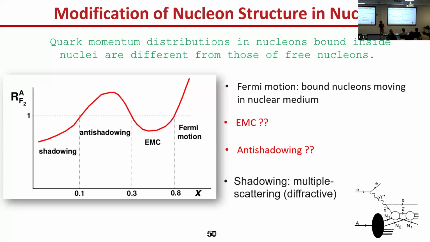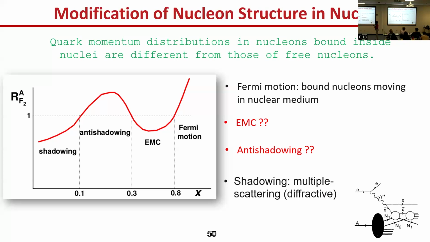So let's go back to the parton distribution function, F2. You have seen the parton distribution function for the nucleon that I showed you. If I measure the parton distribution function for a nucleon in a nucleus, it has a different behavior.